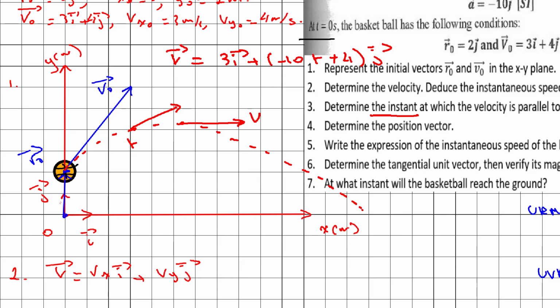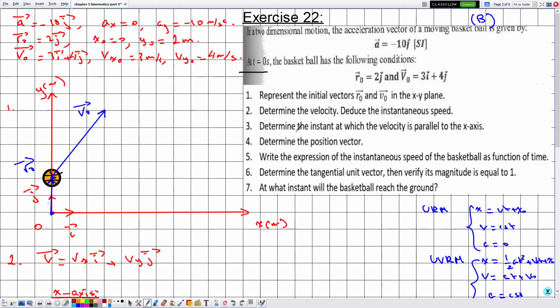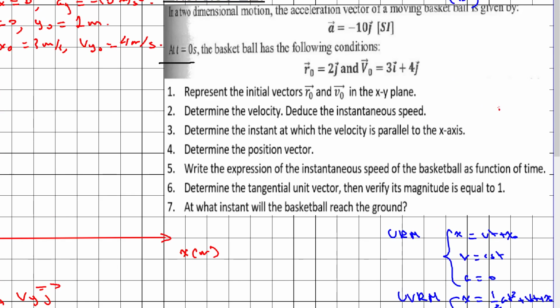This velocity vector is parallel to the x-axis, having vx i plus vy j, but because it's parallel to the x-axis, the y component is 0. So whenever a vector is parallel to a given axis, the other component is 0.